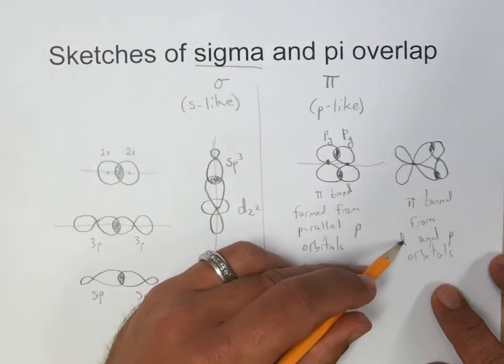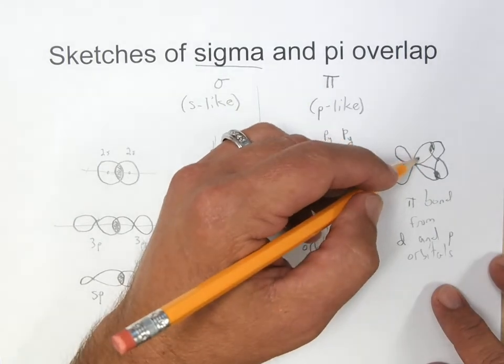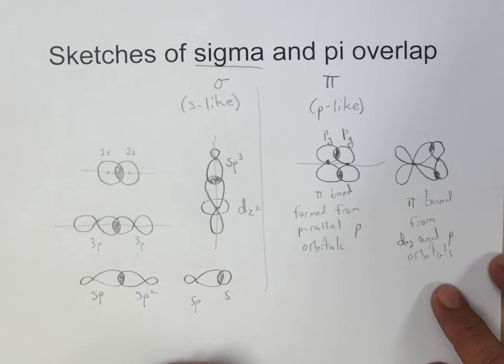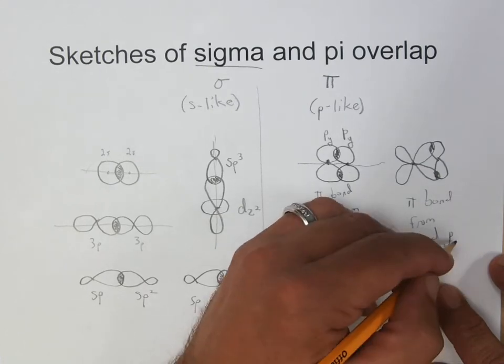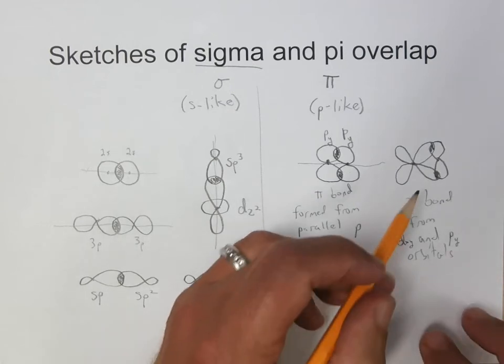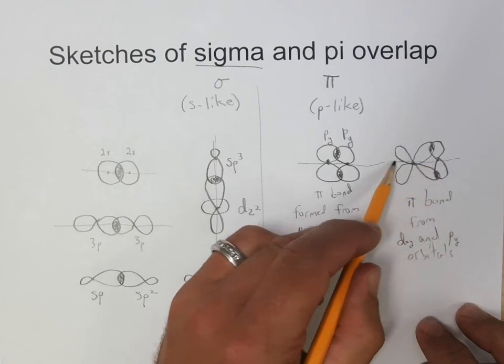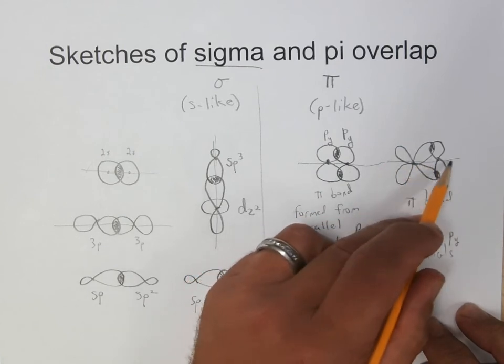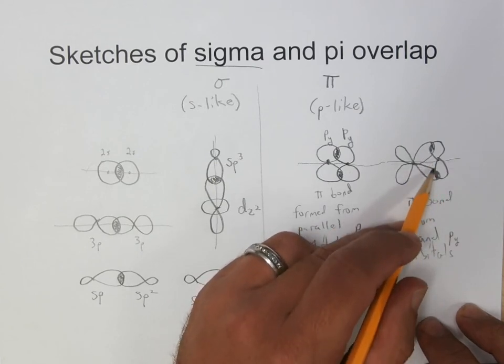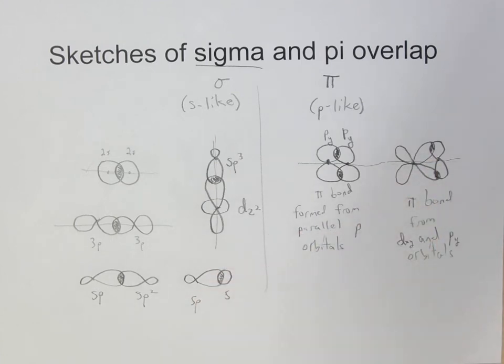I could put the geometric orientation of these: if this is a dxy, then I believe that would interact with a py, and you'd get that type of interaction. There are plenty of ways to get pi bonds, and they all result in there being nothing particularly going on between the nuclei along the internuclear axis, but a double interaction of the orbitals above and below the internuclear axis that results in the pi bond.